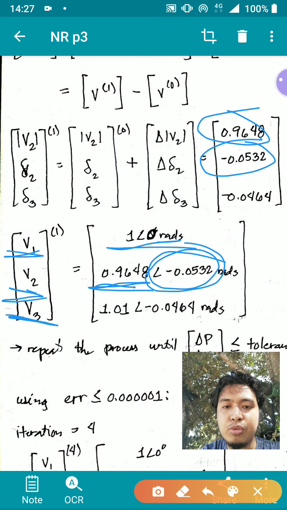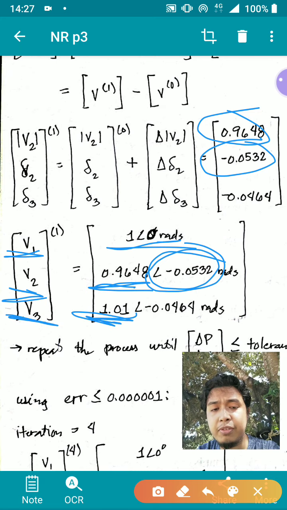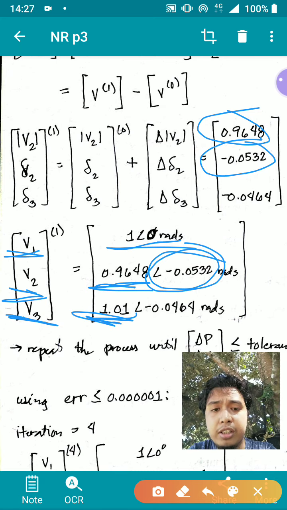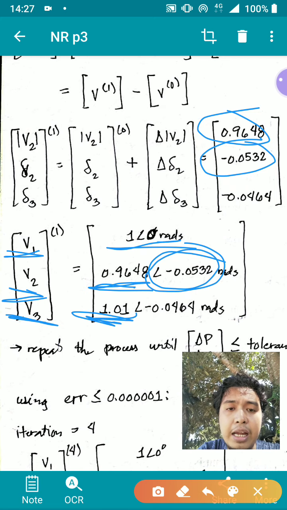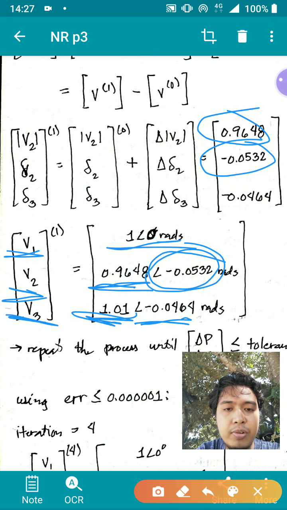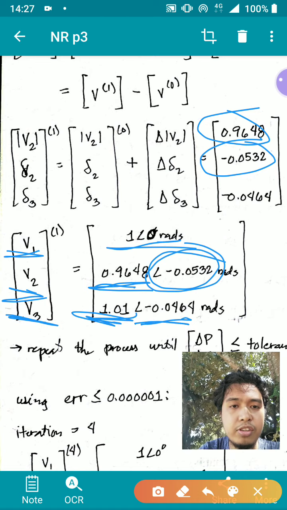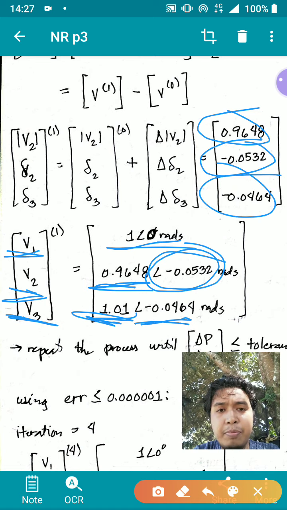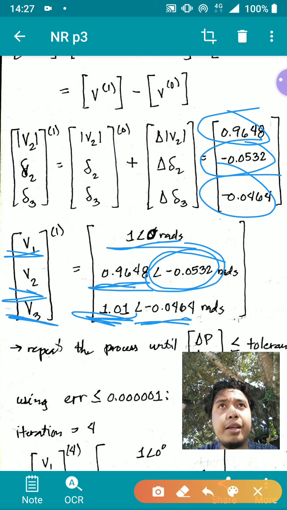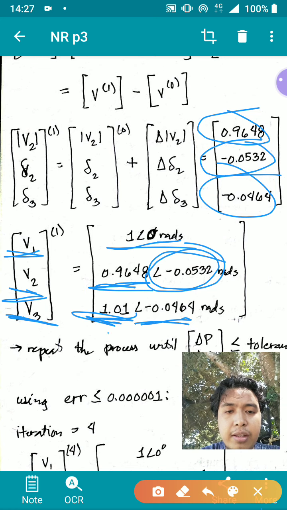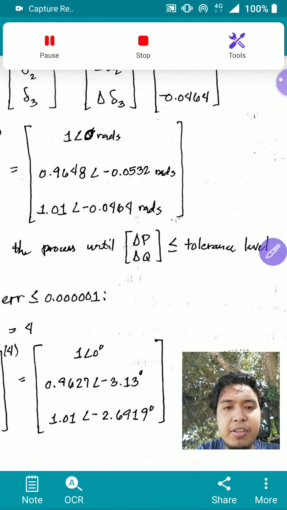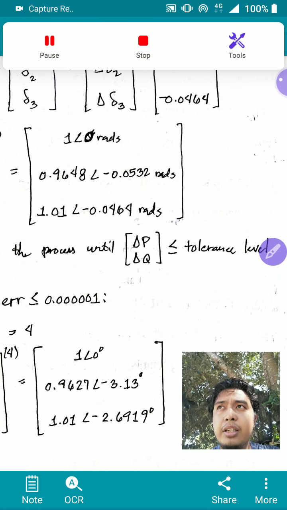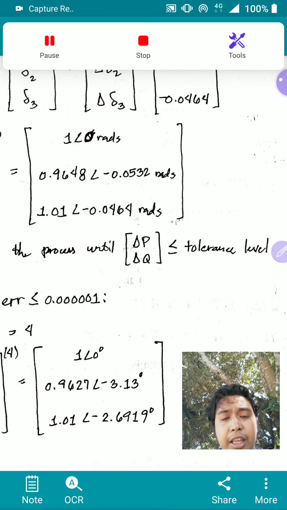And for V3 it's 1.01, because this is a PV bus and you want to maintain the voltage on that bus at 1.01, angle negative 0.0464 rads. Then you compute the delta P's and the delta Q's here, and see if they are within a certain tolerance level.